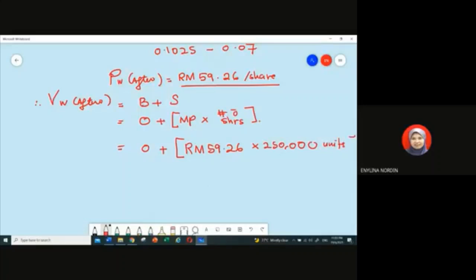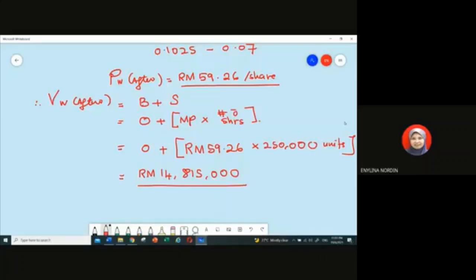Therefore the value of the firm after the acquisition or merger will be RM14,815,000. So this is the value after the acquisition.